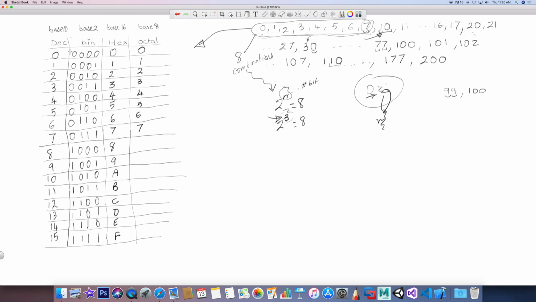As you can see, in this chunk from here to here, the most significant bit is a 0. So really what changes are these 3 bits: 0 0 0, 0 0 1, 0 1 0, 0 1 1, 1 0 0, 1 0 1, 1 1 0, 1 1 1, the last one. So what's going to happen now? Aha!